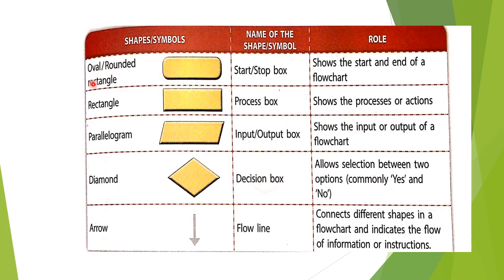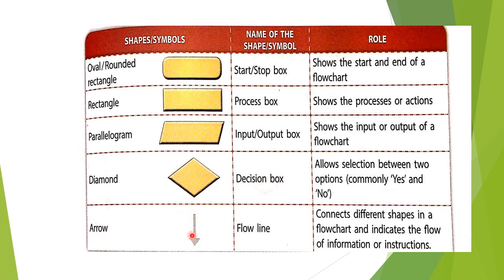That is, the oval or rounded rectangle shape is used for the start and stop box. The rectangle we use for process, that is the calculation part. The parallelogram we use for input as well as output. The diamond we haven't started yet, we'll be starting soon. That is the decision box, we'll start in our further classes.